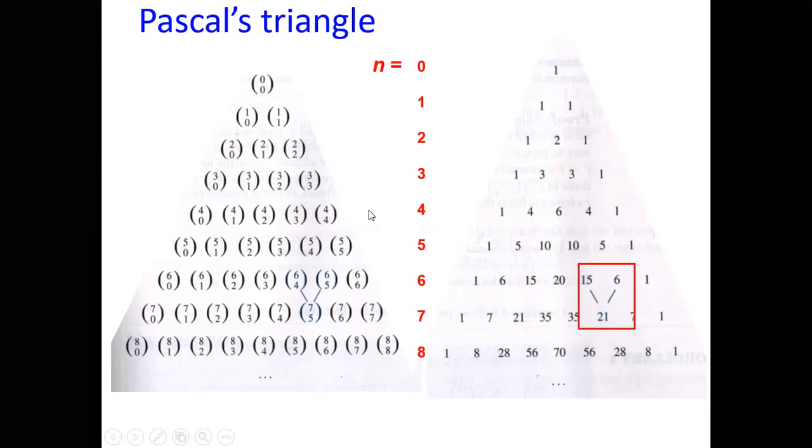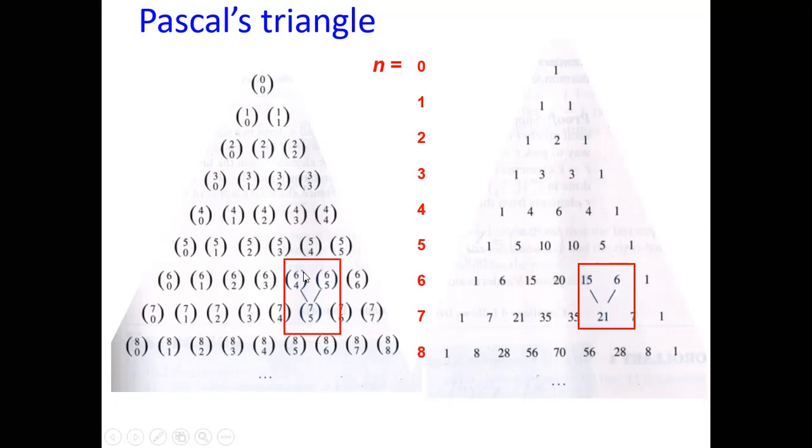But Pascal noted that each coefficient depends on the sum of the previous line. Here we have combination of 5 from 7 equal combination of the same index 5 from 6, the line before, plus the term before it.